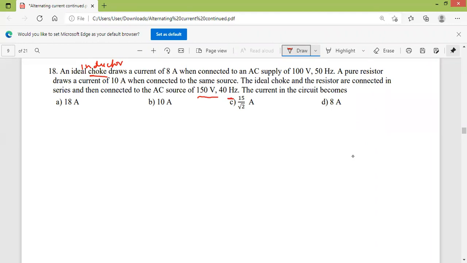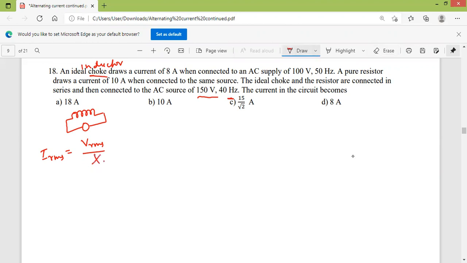So first we have to consider the inductor. It is one inductor connected to an AC source. Then we know that from Ohm's law, IRMS is equal to VRMS divided by Z. Sorry, not impedance here; for a pure inductor we can replace Z by XL.